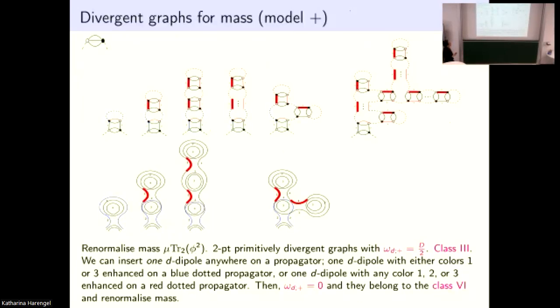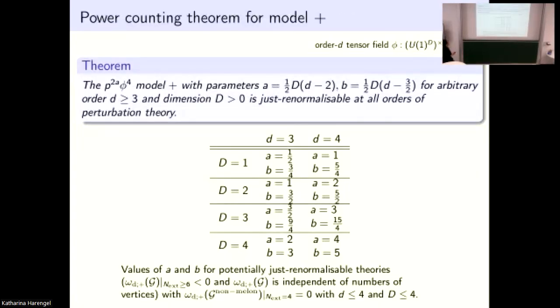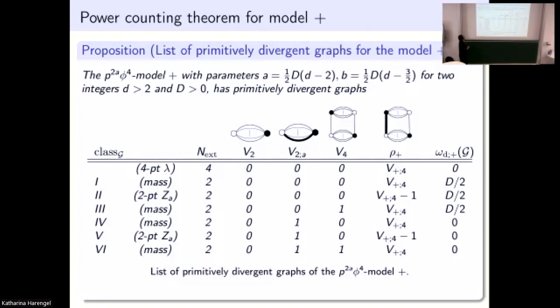You can see these are all the primitive divergent graphs, and only 4.1 is the one that uses up all the enhanced ones, and there is nothing of this sort, which means there is no divergent graph that renormalizes lambda plus, which had the external enhancement. So yes, it's to all orders actually.